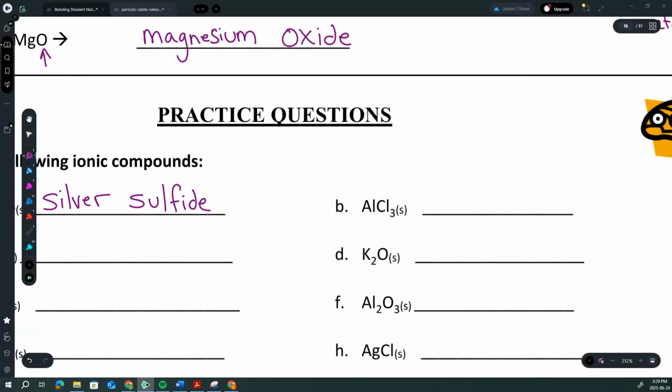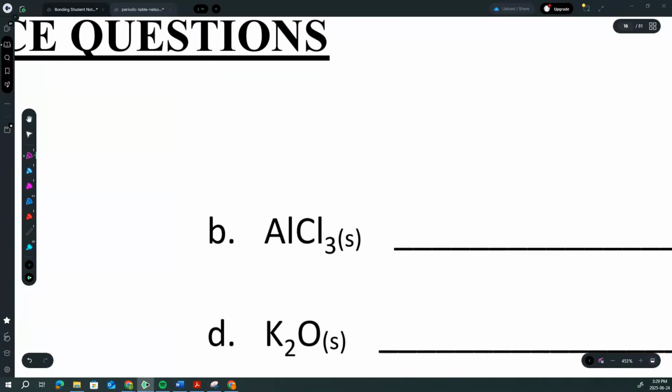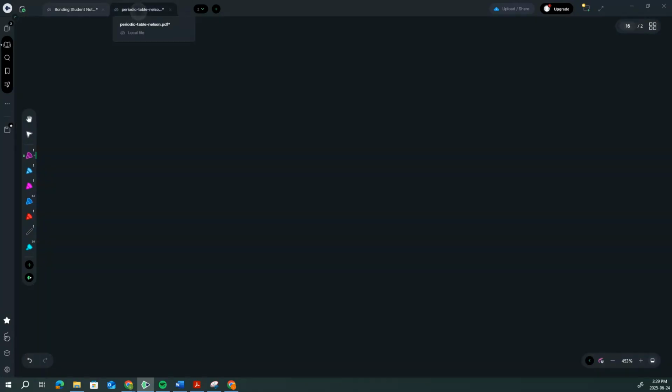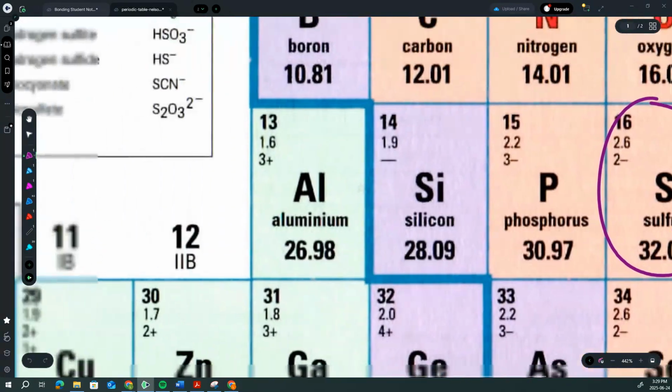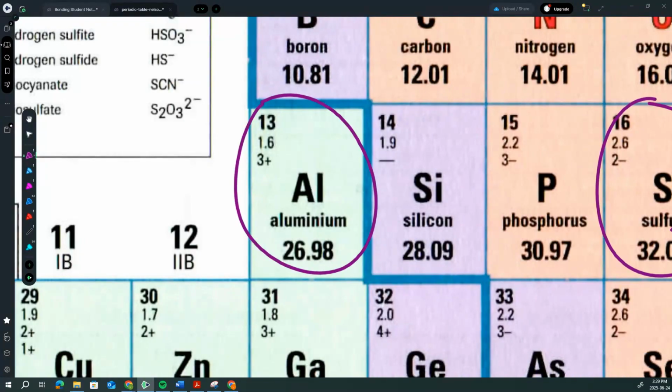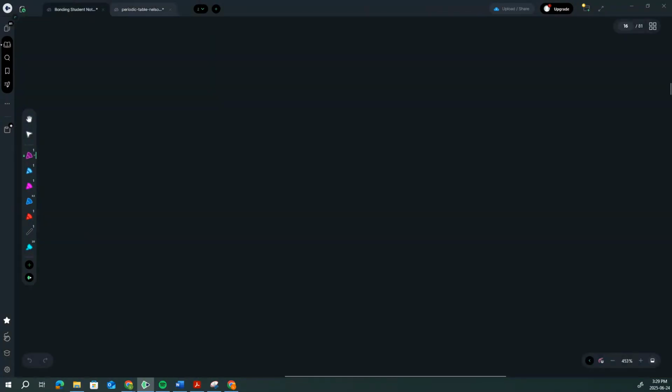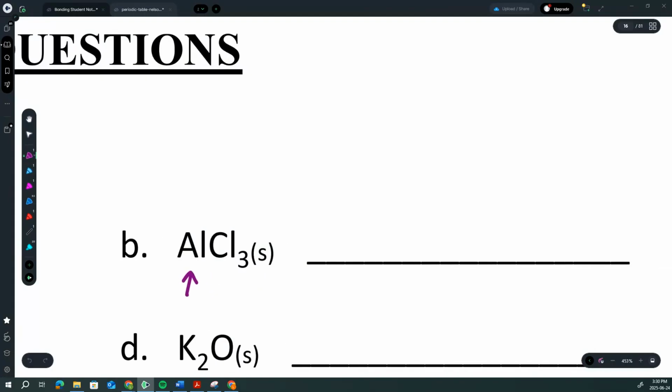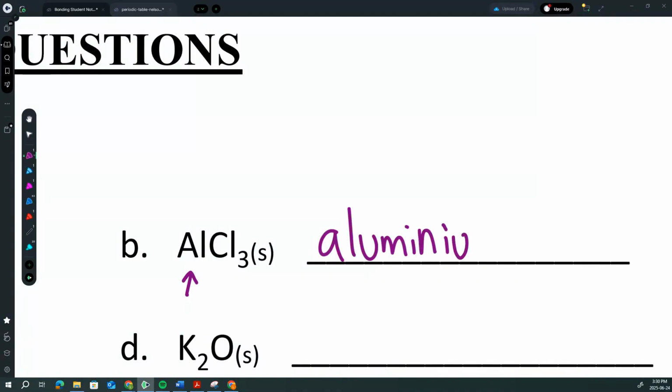With the next one here, Al, again, if we look on our periodic table, is right here. That's the symbol for aluminum. So I'm going to call this aluminum. And then Cl, we've already found that.